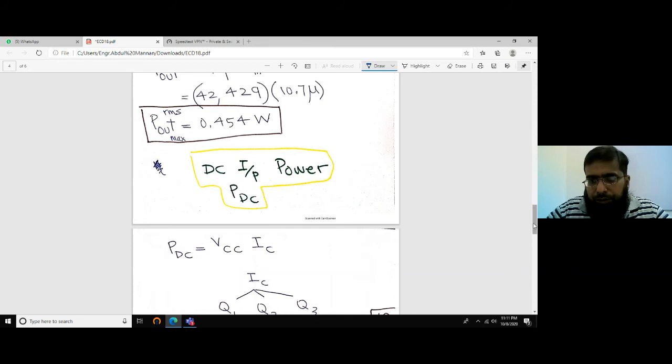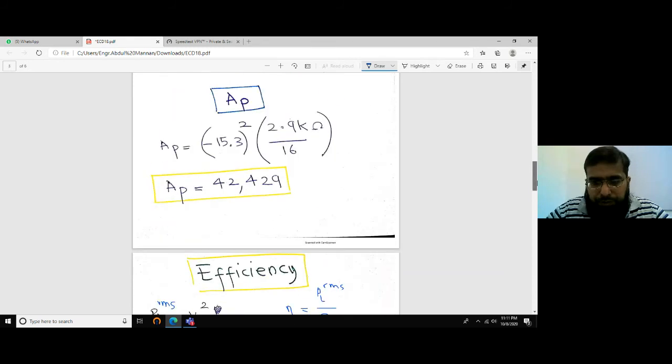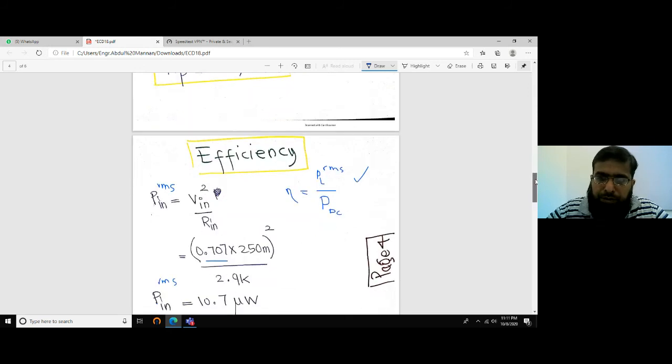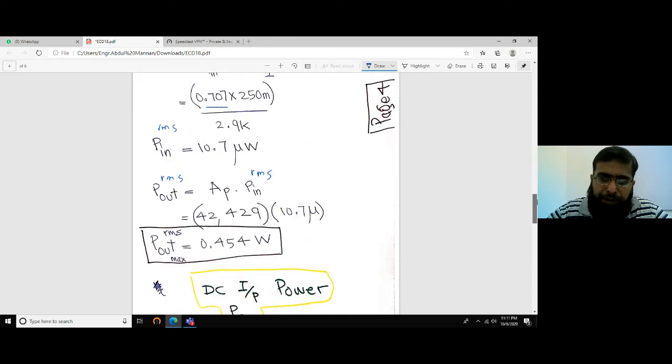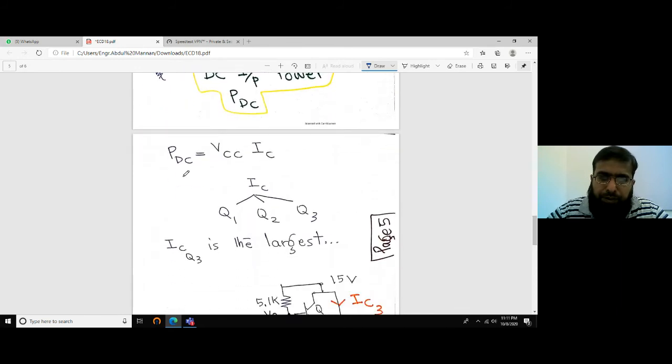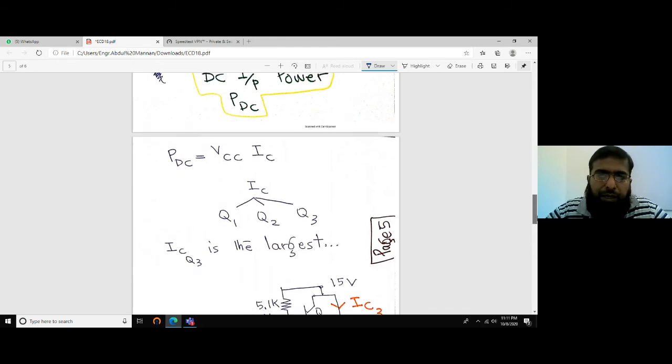So we have computed the quantity that we have to put in the numerator. To find eta, we need one more quantity for the denominator, and that is the DC power supplied by the source VCC. PDC is VCC times IC, but we have several ICs here.